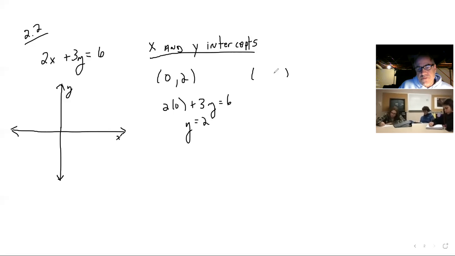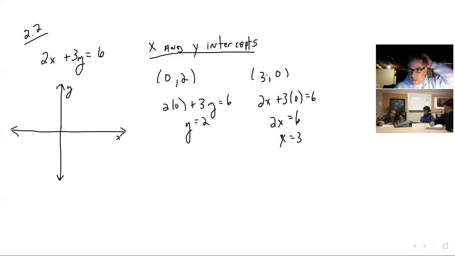Likewise for x-intercepts, let y be 0, and so in this case, x would have to be 3. Now, certainly other equations may have multiple intercepts on each axis. That can very easily happen. In this case, there would be one y-intercept and one x-intercept.